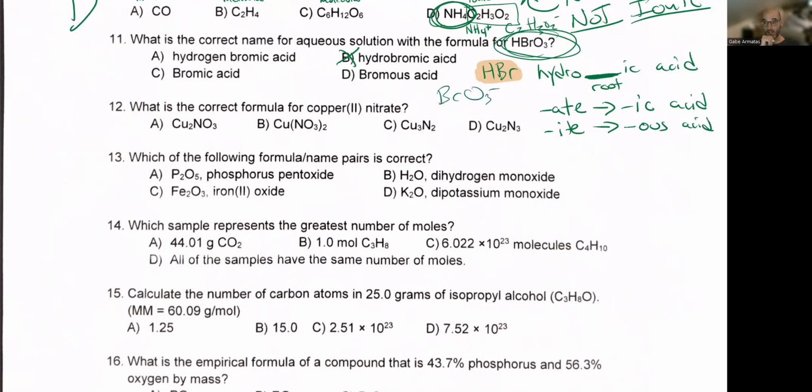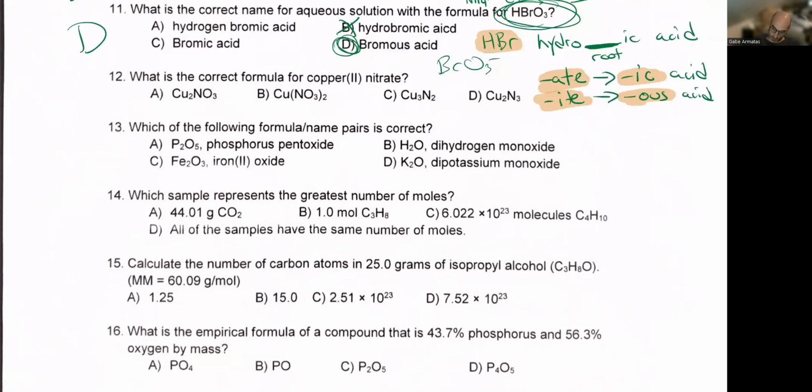The way that I remember this is dumb, but ate, ick, ite, us. Sounds like a disease. Ate goes to ick. Ite goes to us. So BrO3, we have to decide. Turns out that is bromite. So bromous acid, your answer for 11 should be D.